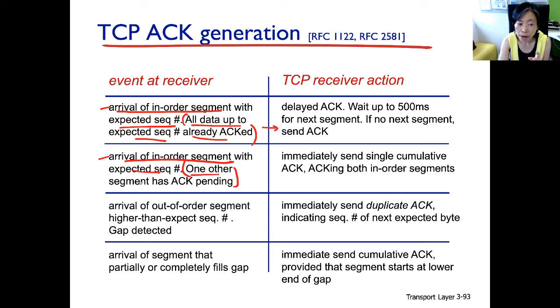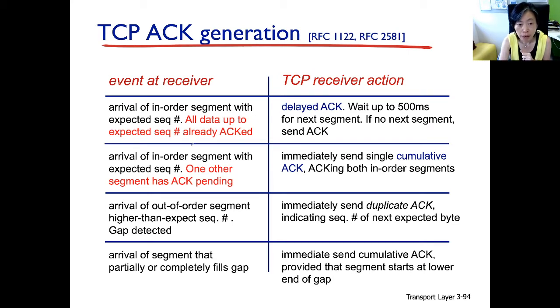If one other segment has ACK pending, meaning that segment there, we should be sending an ACK out, but it's actually pending. We haven't sent it out yet. Then we do this. Now, some of you might have guessed. Yes, TCP's receiver here is trying to send one ACK packet per 2 data packets received.